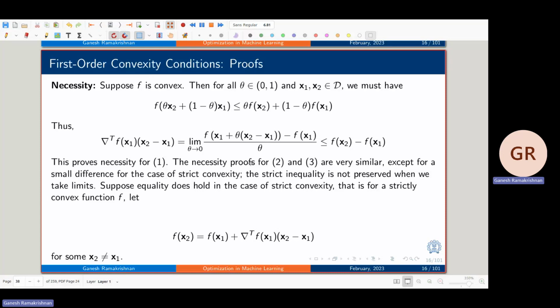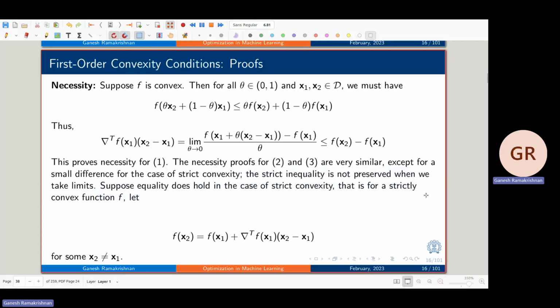It actually starts with a strict less than, but the limit is equal to, so there'll be a less than or equal to. Limits may not preserve the inequality. That's the problem with limits, right? So that's what I've said here. In case of strict convexity, the strict inequality is not preserved when we take limits.